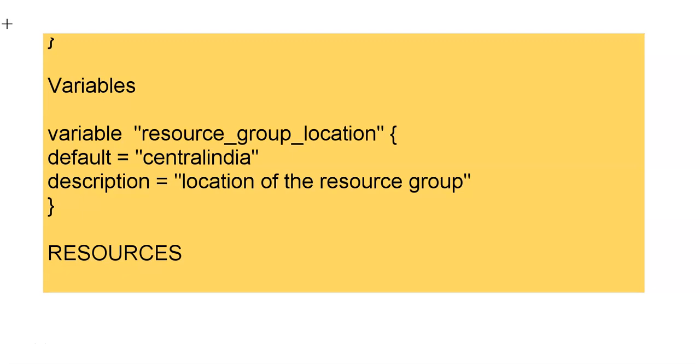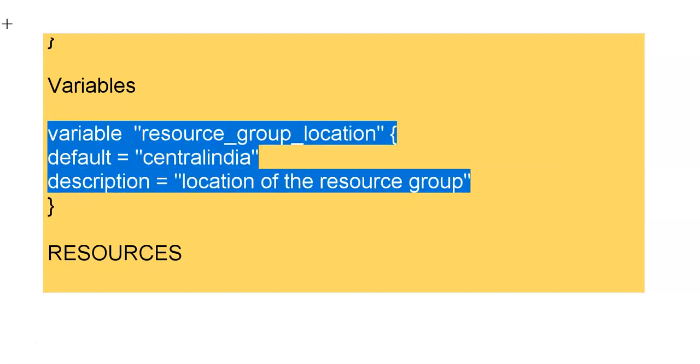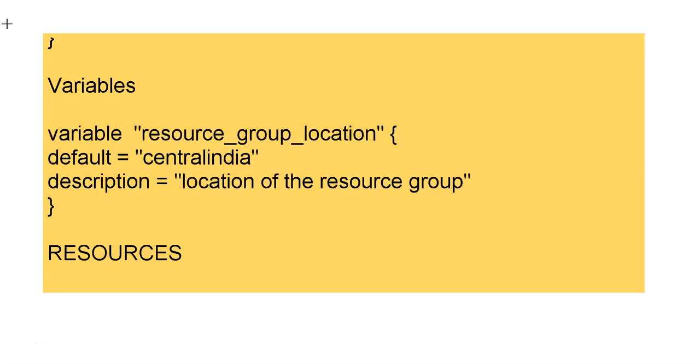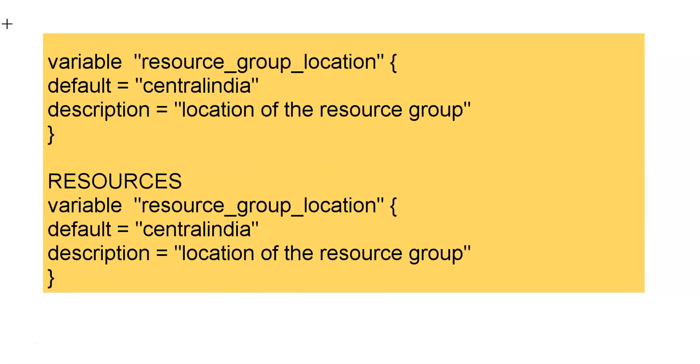Like I've defined a variable with the resource group location, I can define a resource. So if I just copy this block and go here, other than variable, I would write resource. And I'm going to write the Azure resource group. I'm going to define the value here.